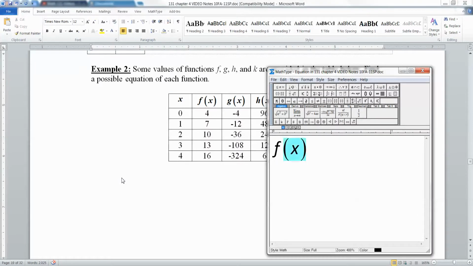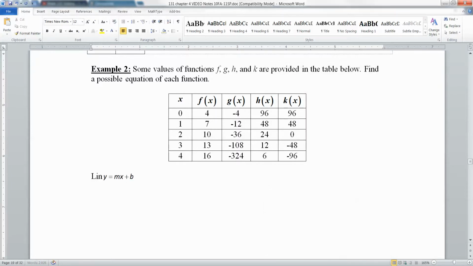I'm going to say y equals mx plus b. This is linear, right? Now, what makes it linear? How can you spot that in the table? Well, you can spot it if you add or subtract the same amount for every increase in x.